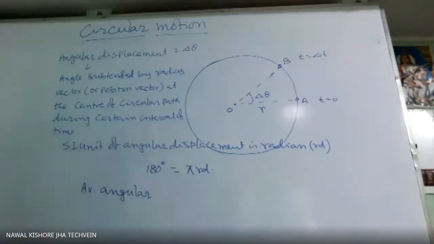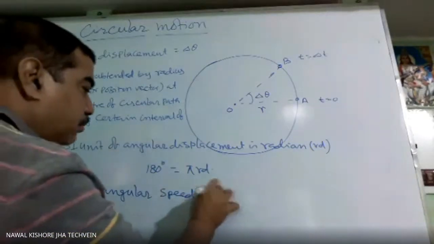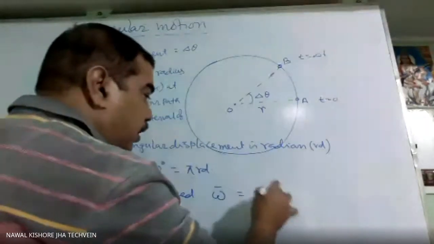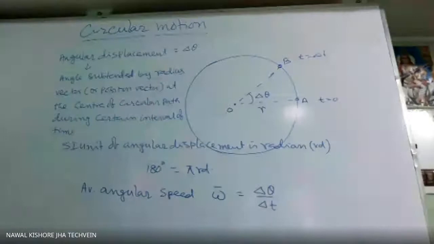Here also we have done average linear speed and instantaneous linear speed. So average angular speed, we give the symbol omega bar, will be delta theta over delta t. Unit is radian per second.